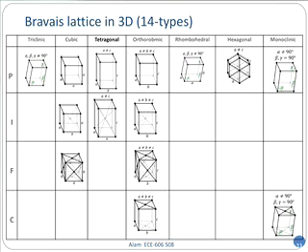Then in the second one, marked as I, there's one atom in the middle of the body. That's body-centered cubic. Makes sense, right? One atom in the body. And the third one is face-centered cubic, because there are 6 faces and you have one atom in all the 6 faces. So that's the face-centered cubic.